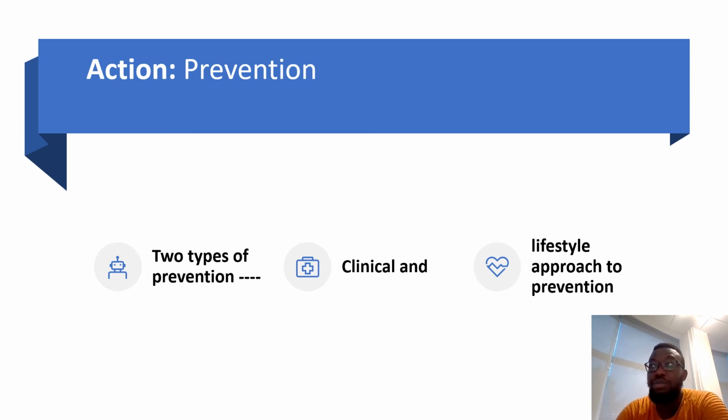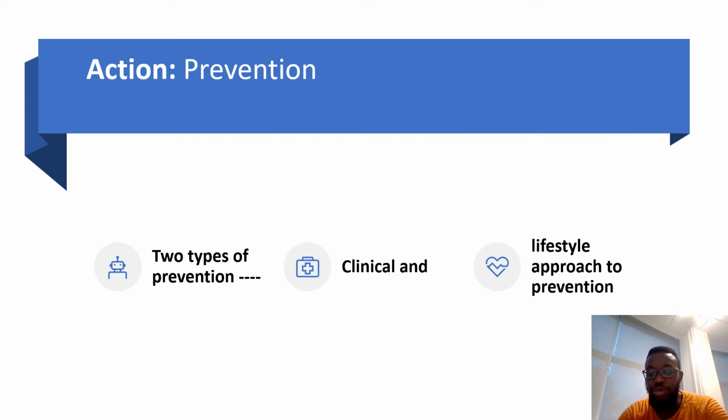It's important for me to mention here that there are two types of prevention that have dominated our clinical space, and even the community settings as well, for the past few decades. We're talking about clinical prevention and lifestyle prevention.